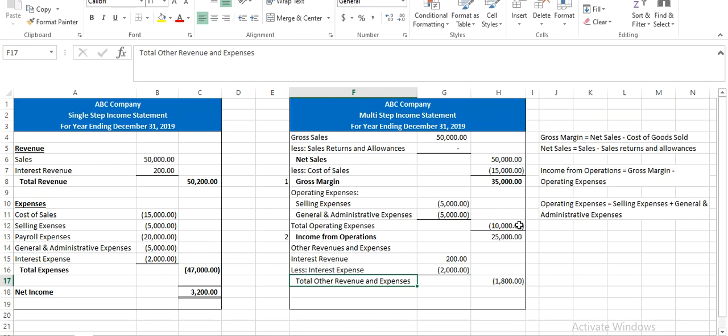And from here, what we calculate next will be our net income. Actually, what you can do, because the book does have it differently, they have the excess of other expenses over other revenues, so you can do something like that as well.